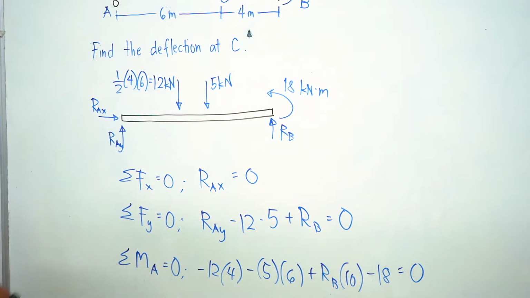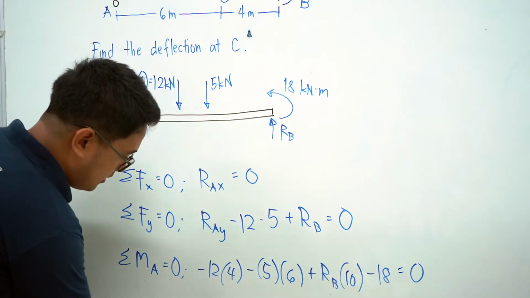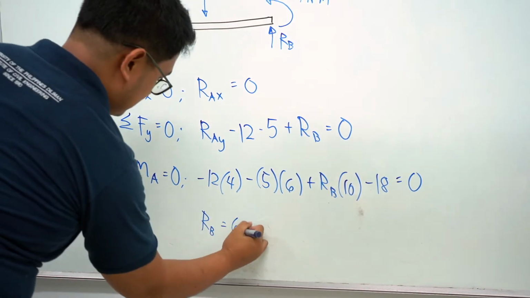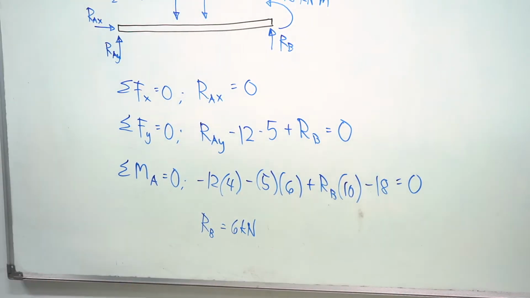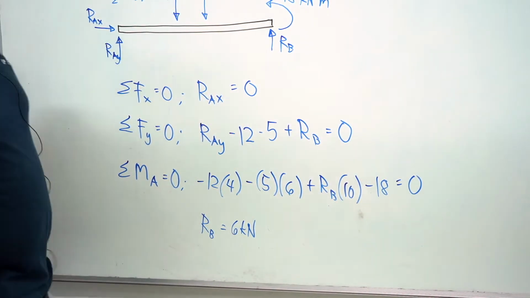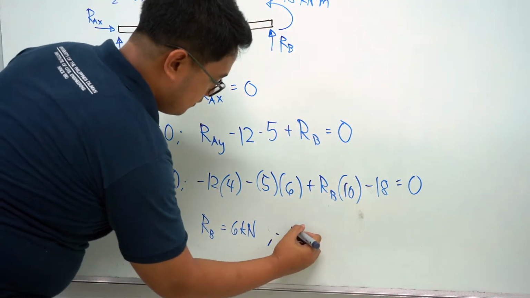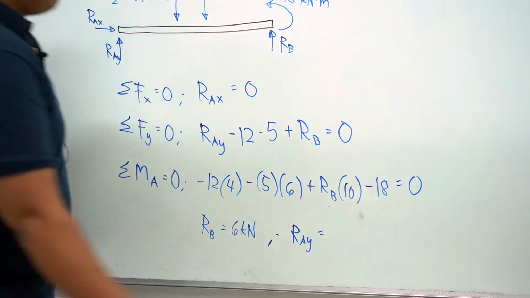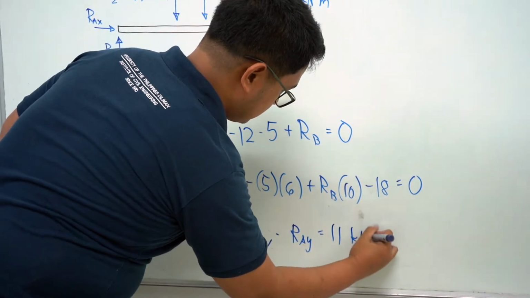So from the summation of moments, we can solve for the value of RB equal to 6 kilonewtons. And substituting to our summation of forces, we'll get RAY equal to 11 kilonewtons.